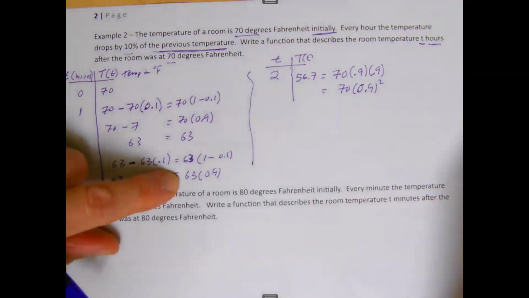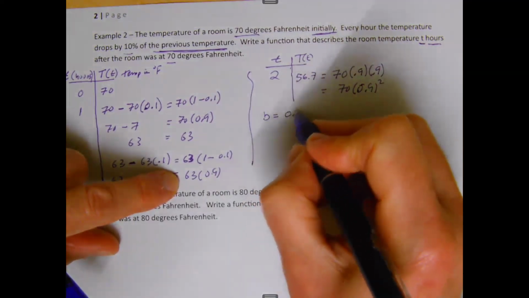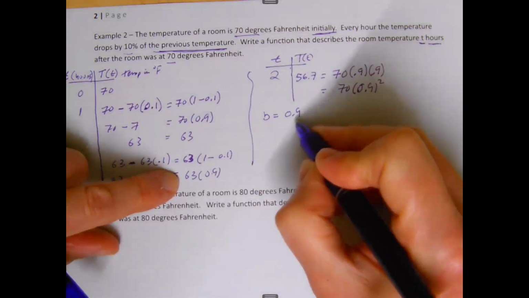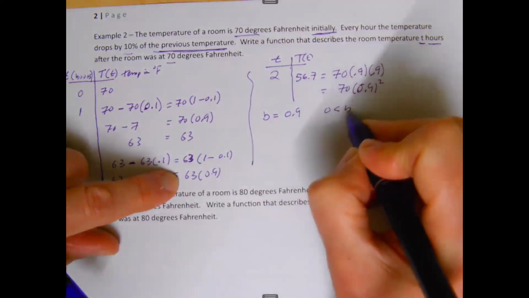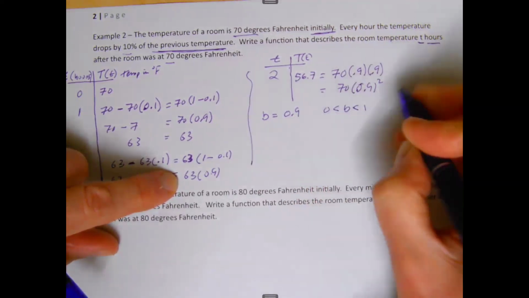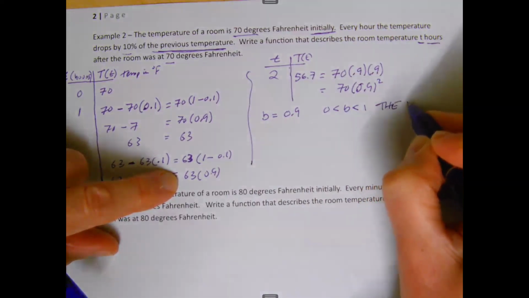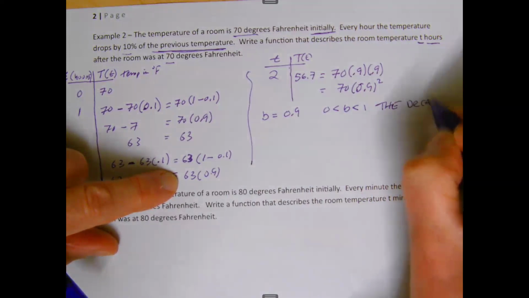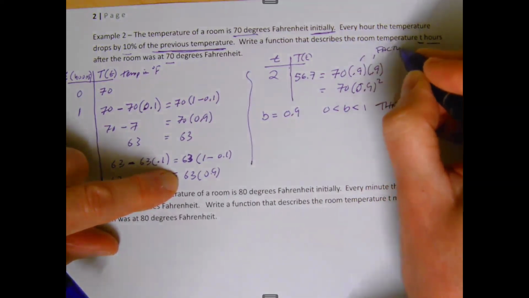Okay, so let's look at things. In this case, B is 0.9. And because this is between 0 and 1, we have the scenario where we get decay. Factor means multiply, so these are factors because I'm multiplying.